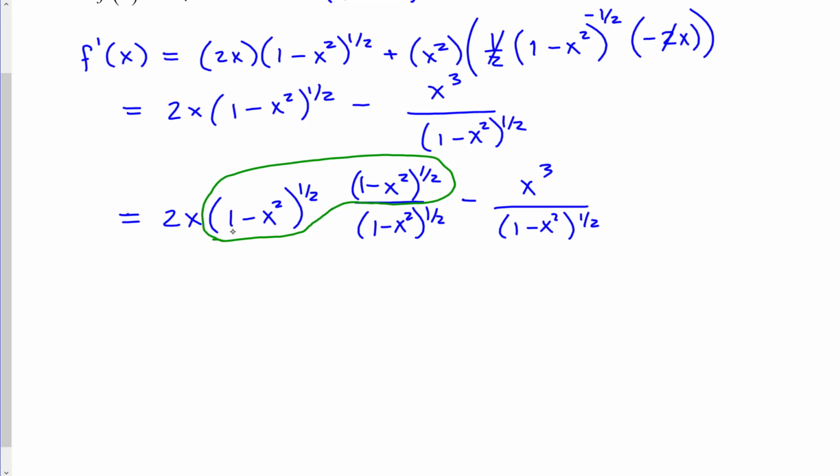And what happens is something that's really nice, because these are effectively two square roots that have the same thing underneath the square root. And so we're effectively squaring a square root, and they become just 1 minus x squared.